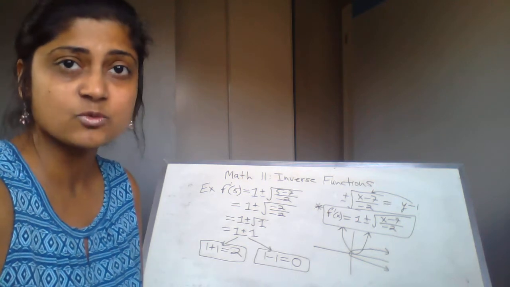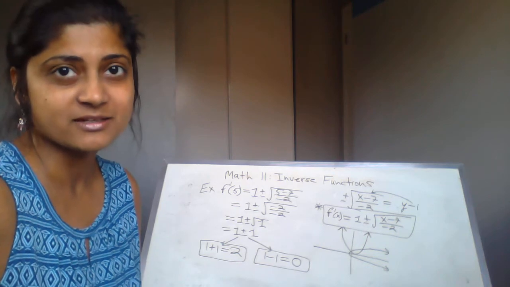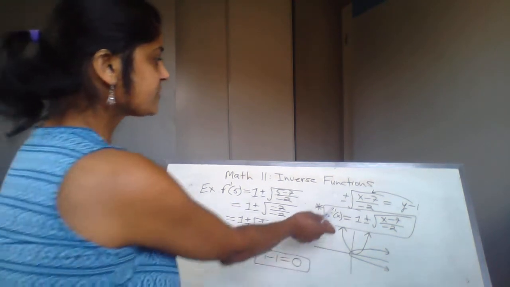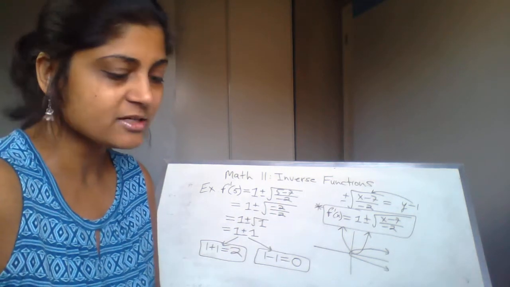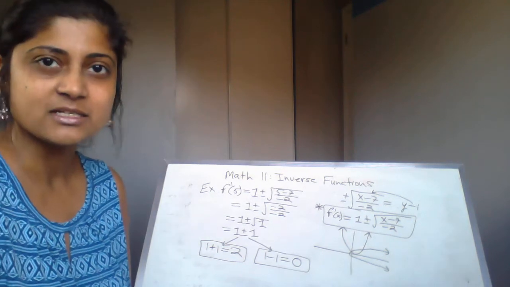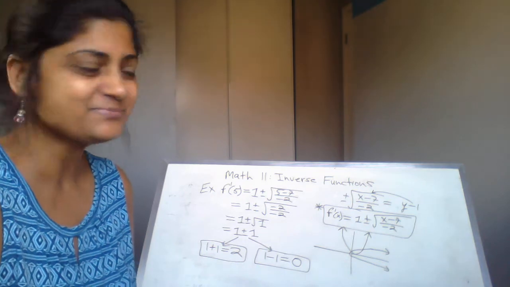You have to have two values. This is a parabola. It is symmetrical on both sides. So make sure every time you take the square root here, I put the plus or minus sign. That way I know I have two answers and I won't mess it up at the very end when I'm getting my two roots.